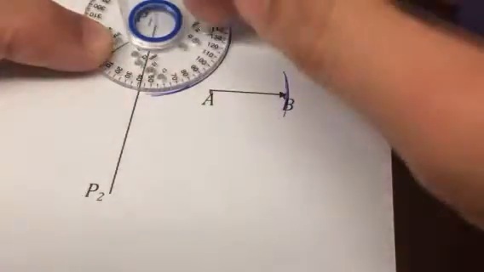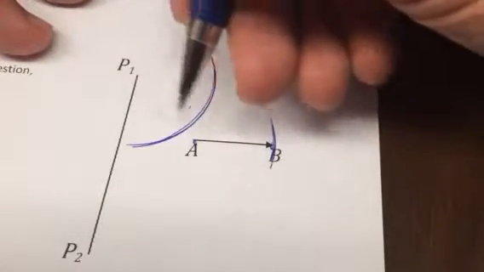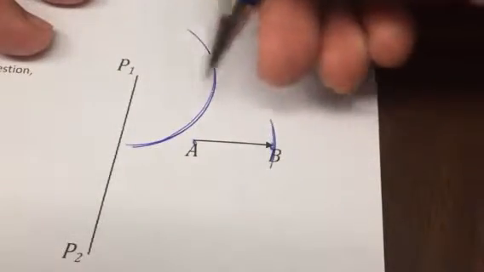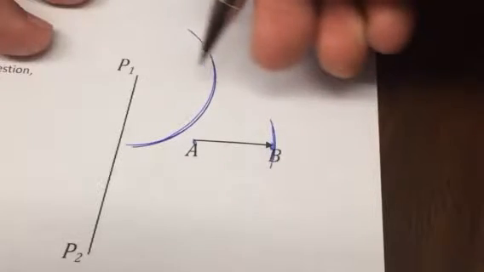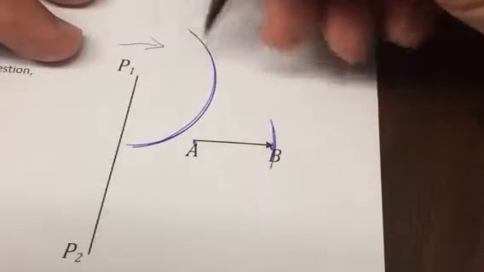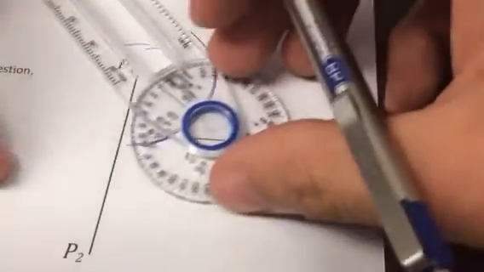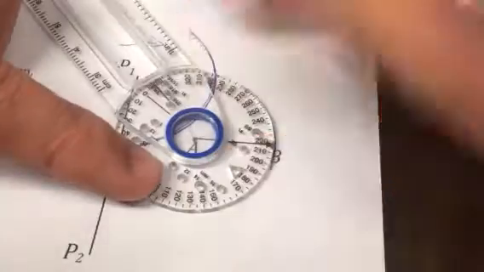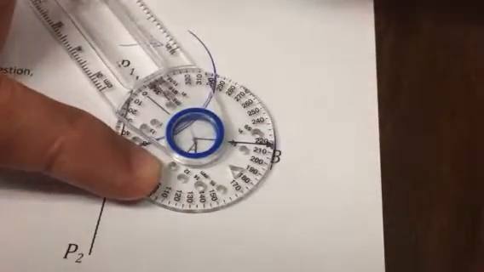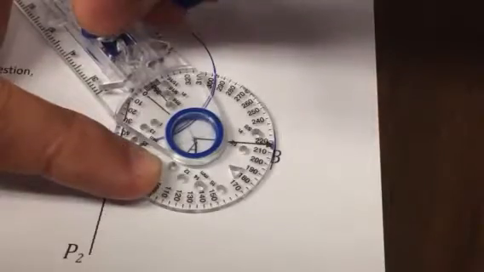Just like so. And I'm not drawing the full circle because I know that my line is going this way. So I just need this part of the circle because my line is going to go that way. All right. Now from here, I'm going to line up my A. So put it in the center and line it up with my P1, just like so.